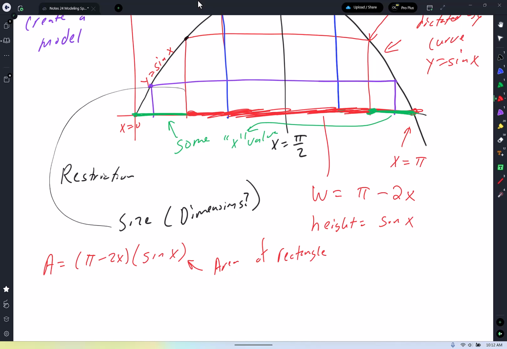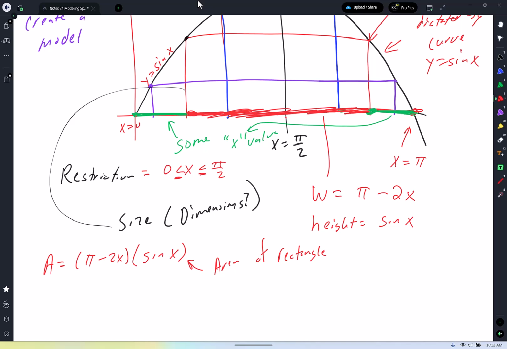How do we feel? Right, restriction. My restriction is going to be by the width here. Notice that says pi over 2, so x has to be between 0 and pi over 2. If I put an equal sign here, then I have no area, because those are both extremes. That width can only be so long or so short.